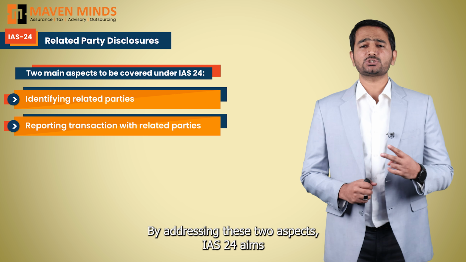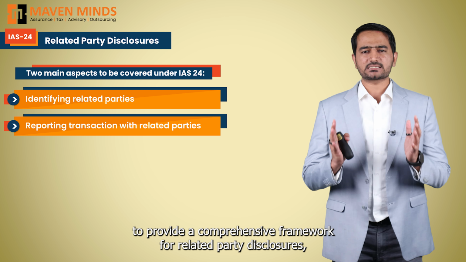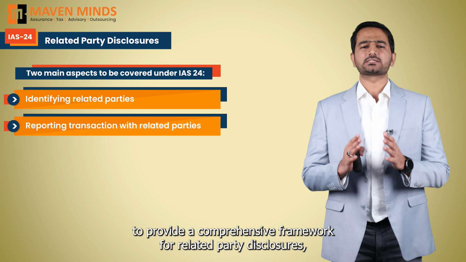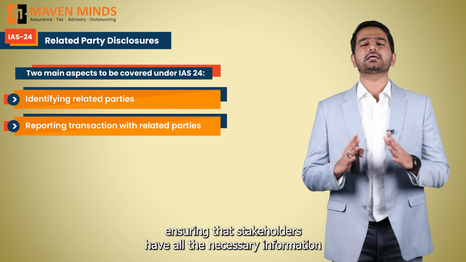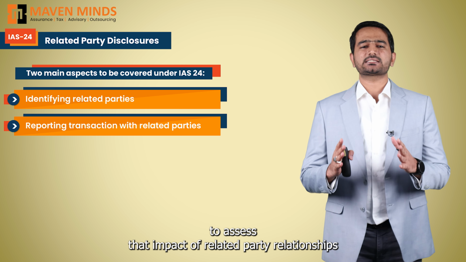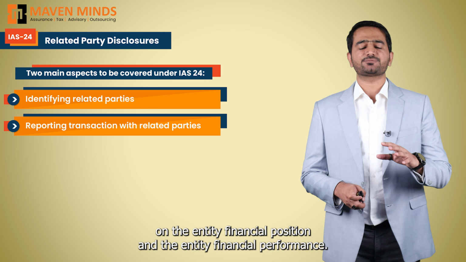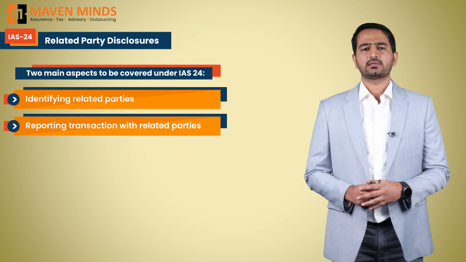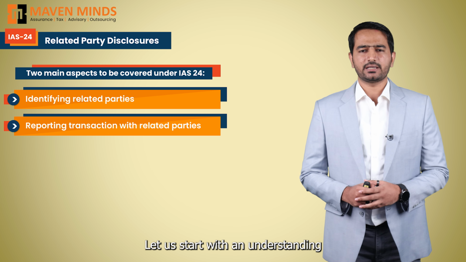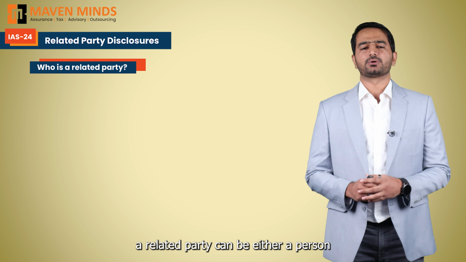By addressing these two aspects, IAS 24 aims to provide a comprehensive framework for related party disclosures, ensuring that stakeholders have all the necessary information to assess the impact of related party relationships on the entity's financial position and the entity's financial performance. Let's start with understanding what constitutes a related party under IAS 24.